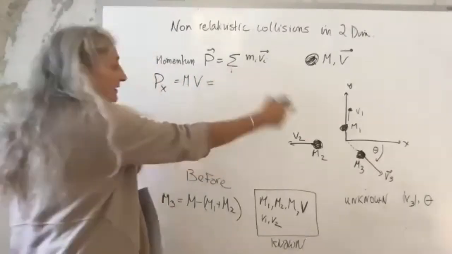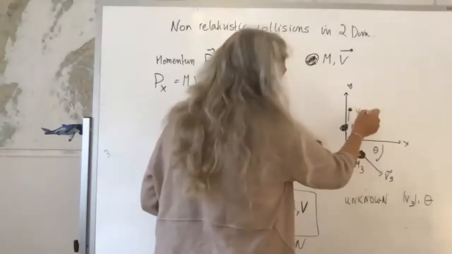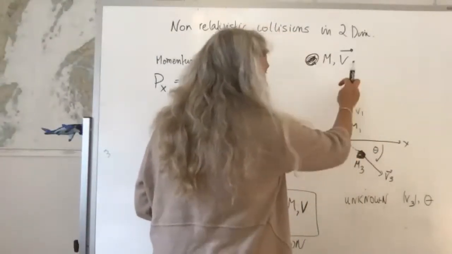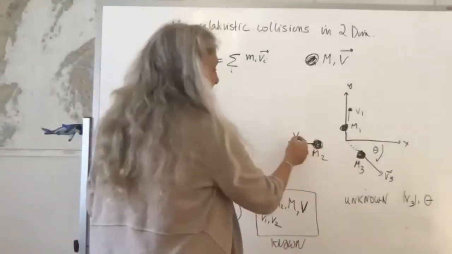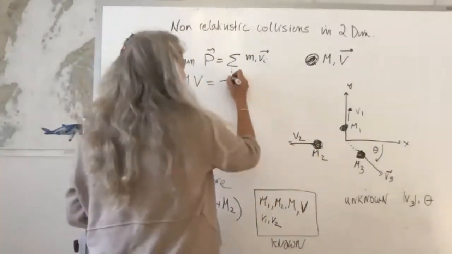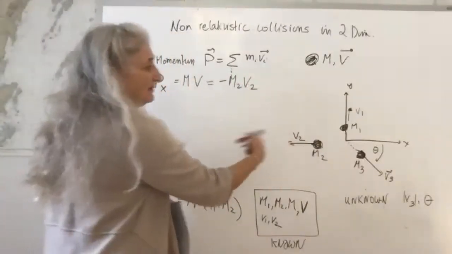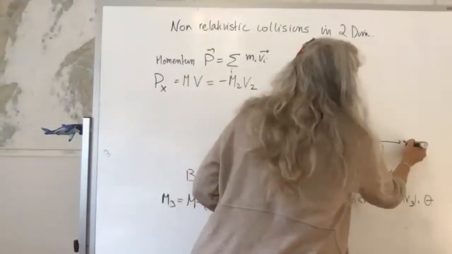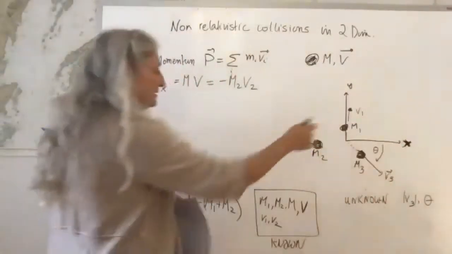And in the end, we need the horizontal component. v1 and m1 are going vertically, so there's no horizontal component. But v2 and m2 are giving me a horizontal component, but it's negative because I defined the x-axis as positive in the horizontal direction.